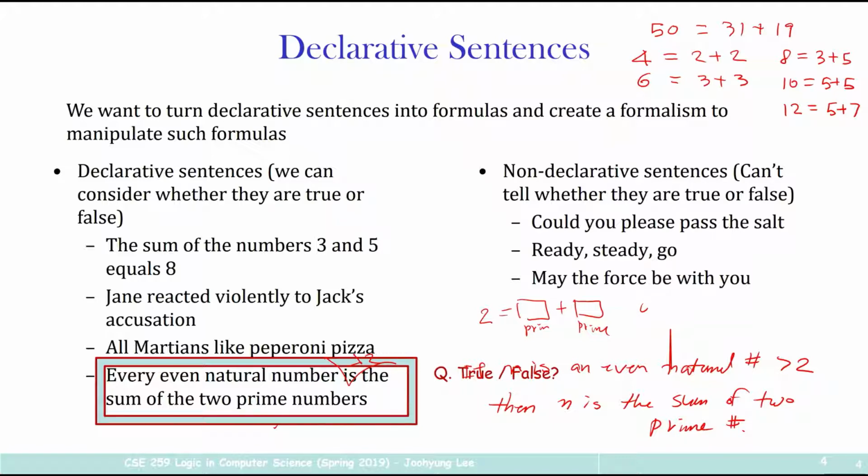You cannot enumerate all possibilities. Even if you enumerate this and show that this sentence works for n equal to like 1,000 million, okay? You still cannot say that this is true because you didn't exhaust all the even natural numbers. Okay, so who knows? There may be some counterexample later.